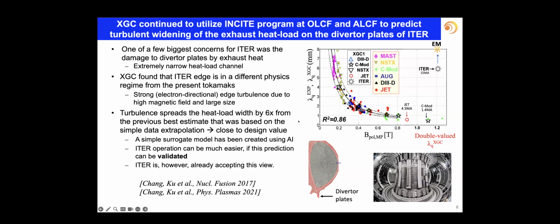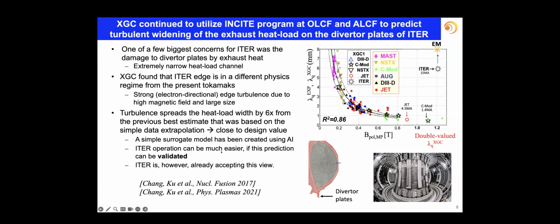ITER's edge was in a different physics regime from the current machines. There was a lot of electron-directional edge turbulence in ITER, and that turbulence was spreading the heat load on the divertor plates. That's what we found out, and this was big news.